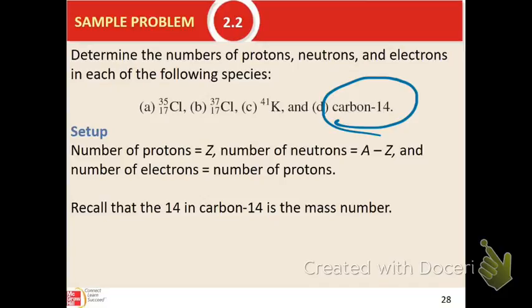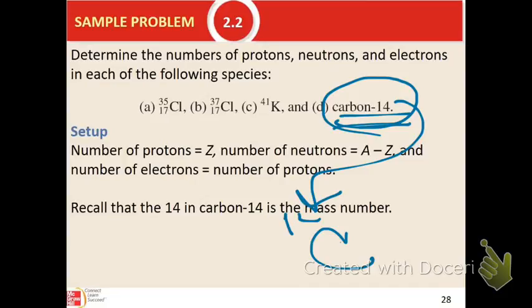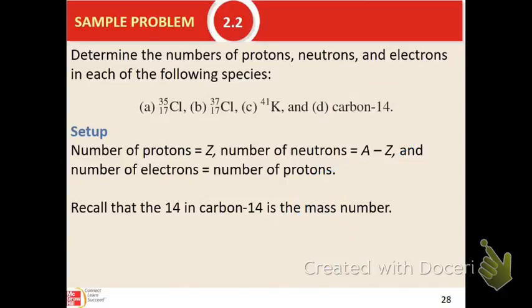And so to write carbon 14 as an isotopic symbol, you're going to write carbon, that's the symbol, and then write the mass number up top, the 14 there, and then you're going to have to look on your periodic table to find the atomic number, because every isotope of carbon is going to have the same atomic number. In this case, since it's carbon, it's going to be 6. All right. And then from that, you can determine how many protons, how many electrons, and how many neutrons are in there.